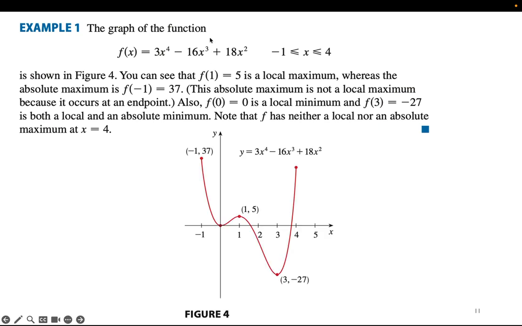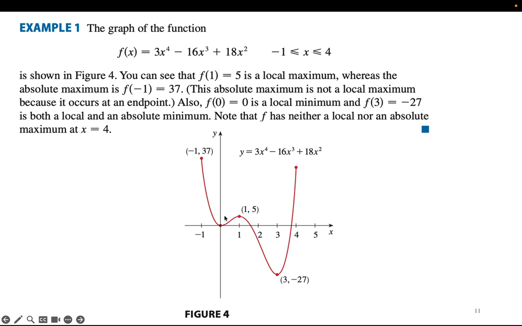Yeah, so this is another example here. Here's a function. If I'm looking only from -1 to 4, right? Notice that this is not the absolute maximum, because this is much bigger, but it is a local maximum. If I'm close to 1, this value is the biggest.